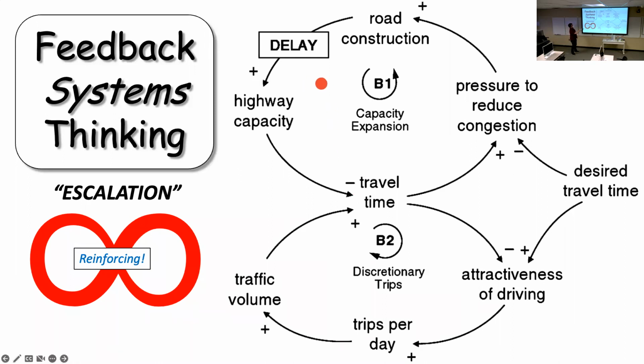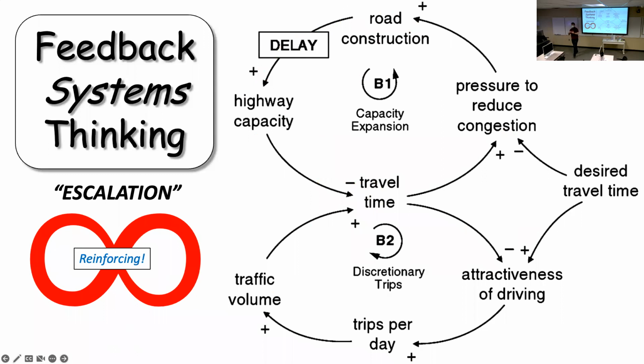Because up here, this seems like a totally reasonable feedback loop, but you don't realize that it's combined with another balancing loop that is in opposition to this loop. So this loop is trying to reduce travel time. This loop is effectively trying to increase travel time.